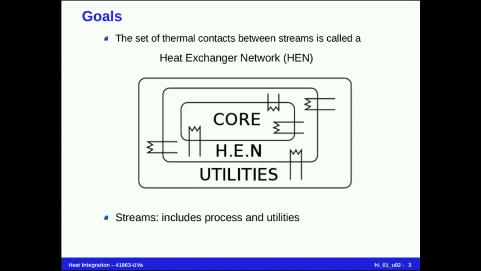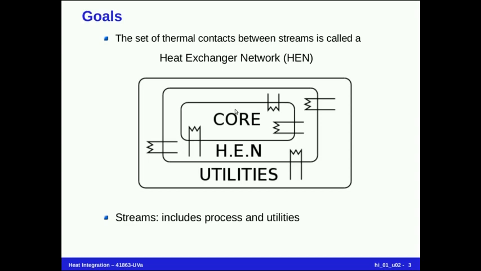Our goals, our objectives, will be a set of thermal contacts between streams that we normally call the heat exchanger network. You can see here the onion diagram. At the center is the core of the process, where the separation and reaction units lie.